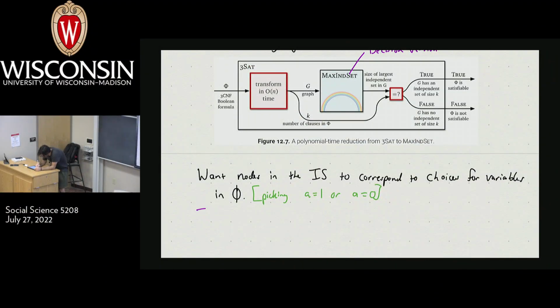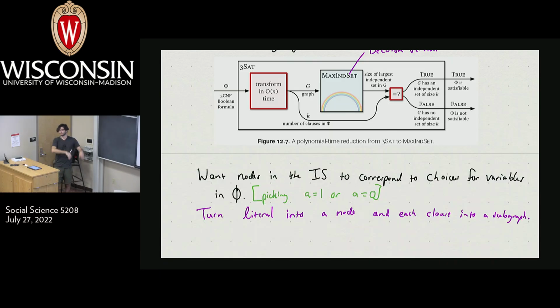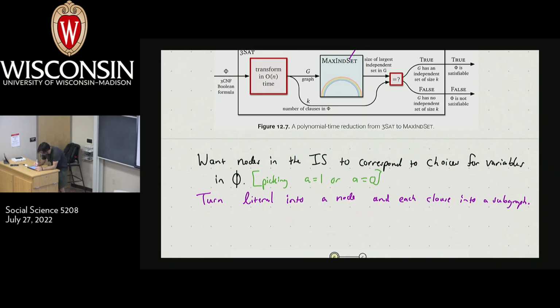Let's turn each literal into a node and each clause into a subgraph. Each literal is a node, that's easy. But what's the subgraph we should use for the clauses? Each clause has 3 literals, so our subgraph is going to have 3 nodes.